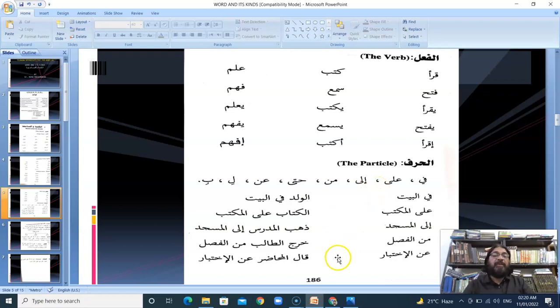Some examples are given here. Fil baiti. So always remember, all these particles will come before the noun. They don't come before the verb.